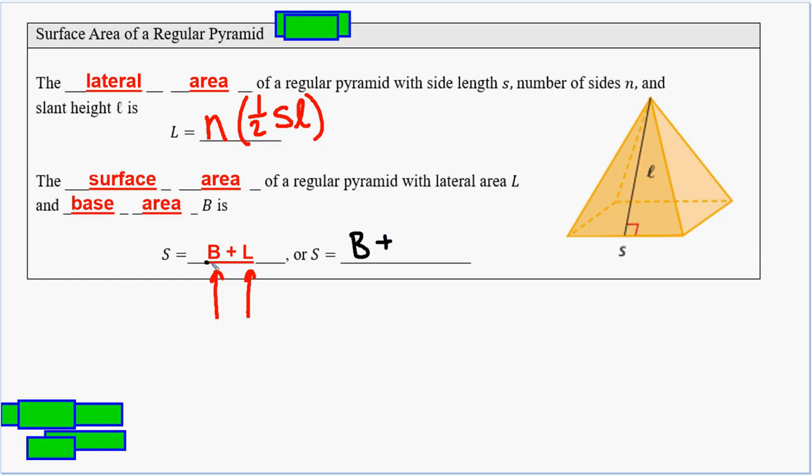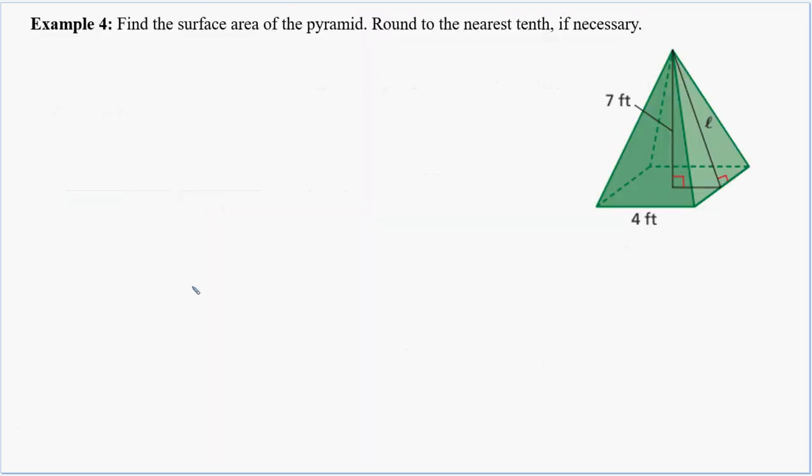B plus, that's the same B plus as we see here. We would just take out our lateral formula, that capital L, and replace it with the good old N times 1/2 S times L. Number of sides in our base, and then there's the area for the triangle of each side. All right, example 4.